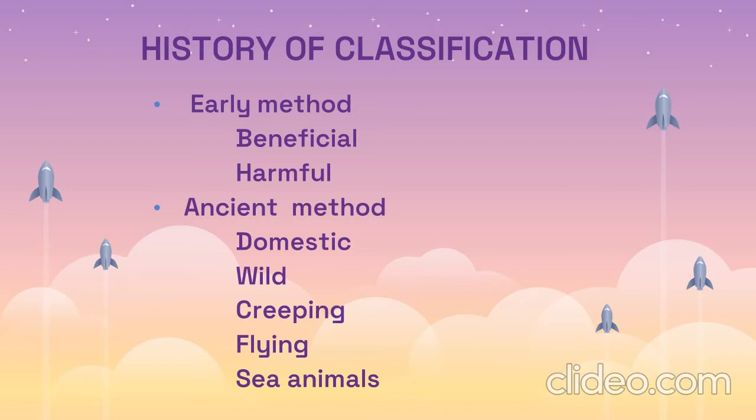The organisms which live in a forest area, they called wild animals. Creeping animals, of course we know, flying animals, right, and aquatic animals. So likewise, as per the habitat where it is living, they classified the organisms into five. It is one of the ancient methods, right? And let us go to the other methods, how they classified.